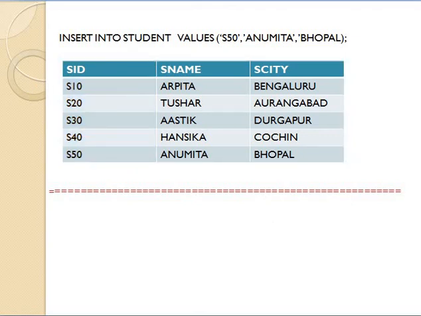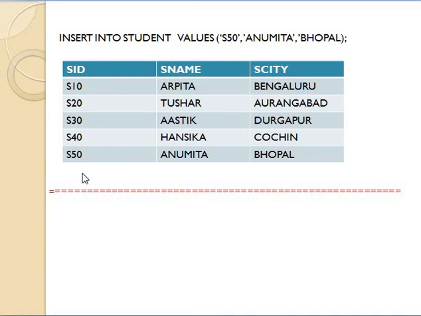But if you wish to insert any duplicate values for this column called SID, then MySQL will show an error message. Say for example, you have inserted the value S30 for this column called SID before. Now again, if you wish to insert the same value S30 for this column called SID after the last record, then MySQL will produce an error message.